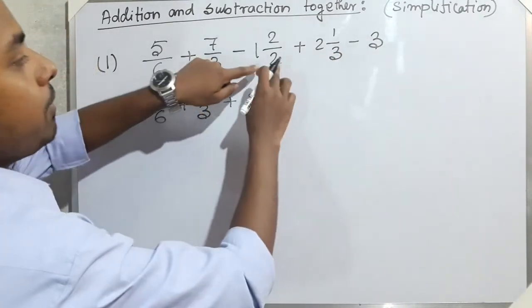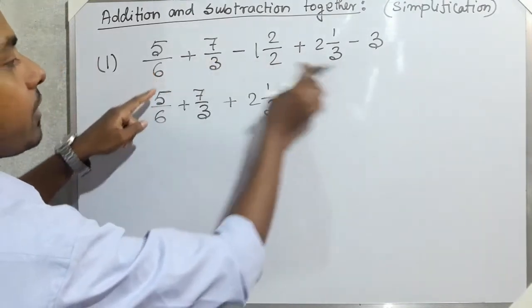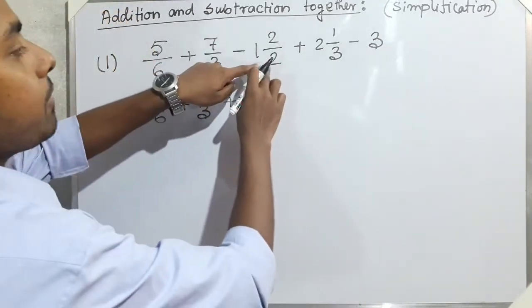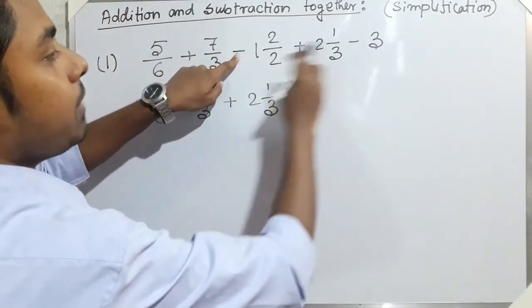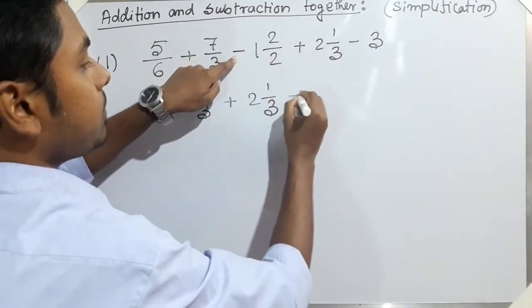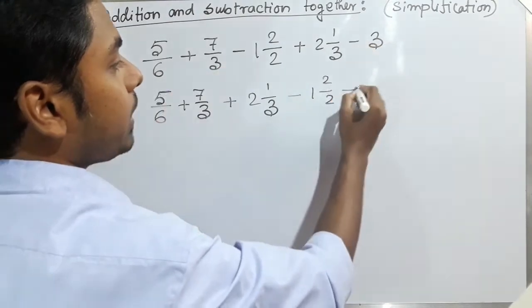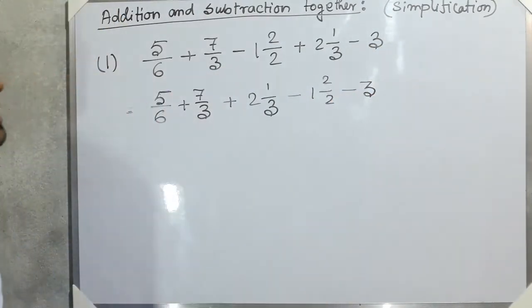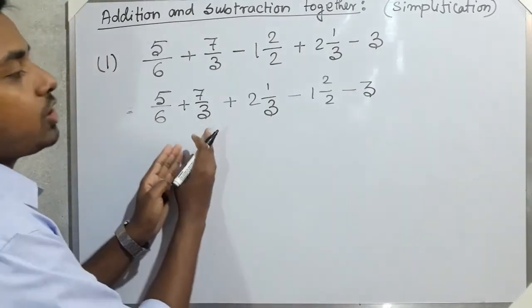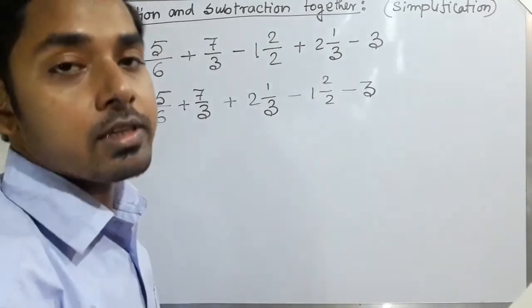Then after that before this fraction you have minus, so all the positive fractions we have taken, now we have to take the negative fractions. So what are the negative fractions here? Before this fraction it is negative, and before this it is negative. So minus 1 whole 2 by 2, and this one also minus 3. Now you can see all the fractions we have arranged according to addition and subtraction. First of all you have to keep addition, then you have to keep subtraction.